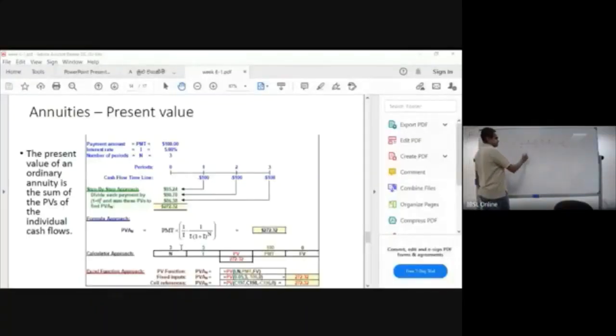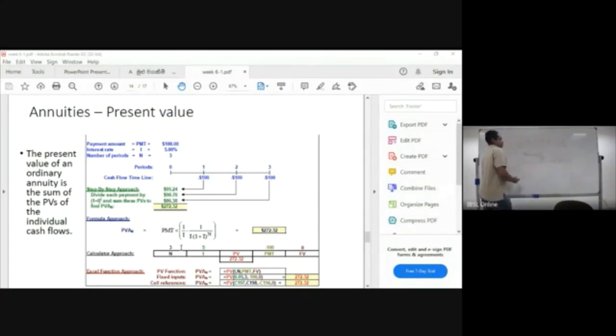Let me write that. The present value of an annuity is the payment into 1 over I minus 1 over I into 1 plus I to the power n.